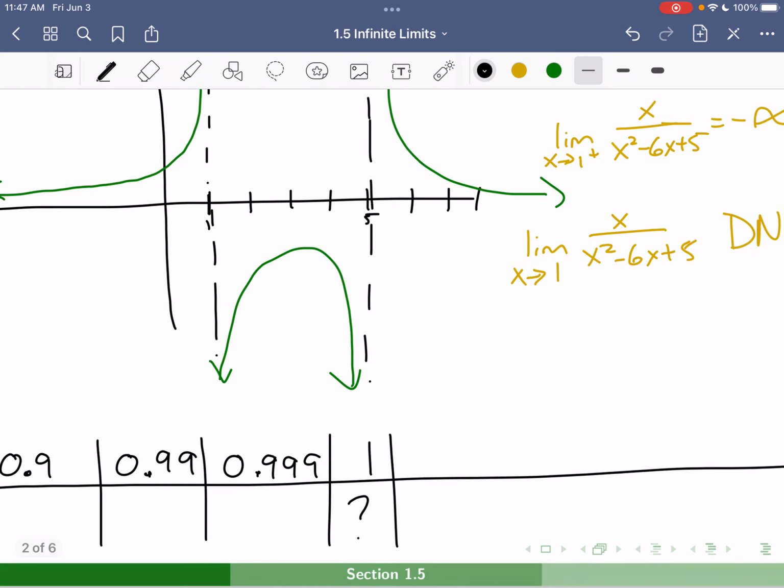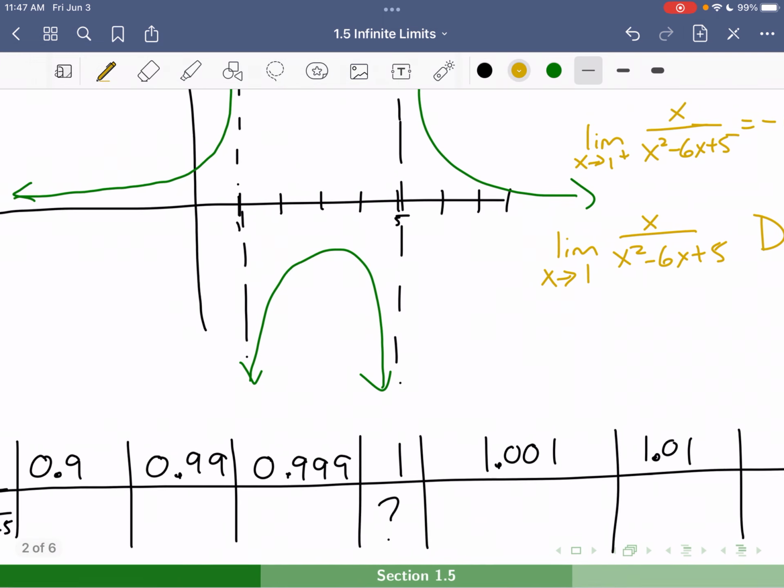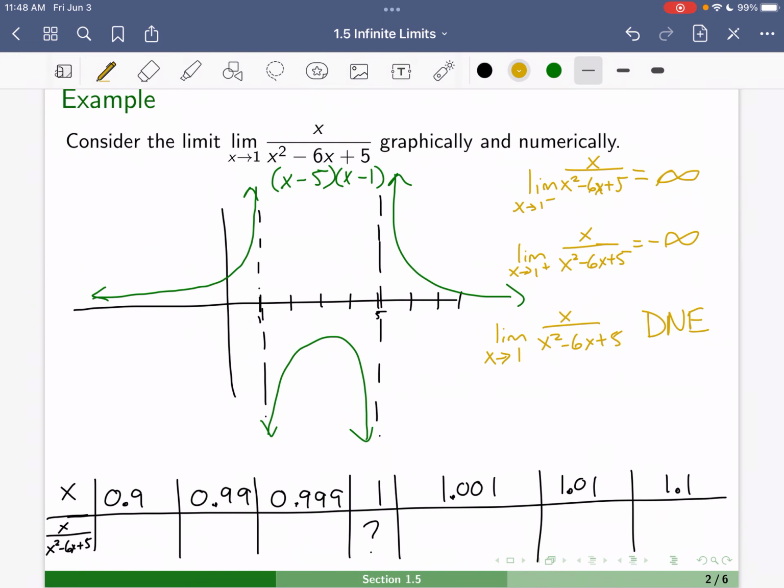And then we'll pick values bigger than 1, so we'll go 1.1, a little bit closer, 1.01, and closer still, 1.001. We're going to see what happens to these function values. So we're going to plug in 0.9. We're plugging that in here, plugging it into our function.